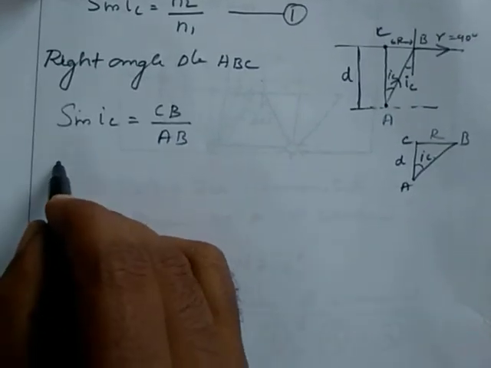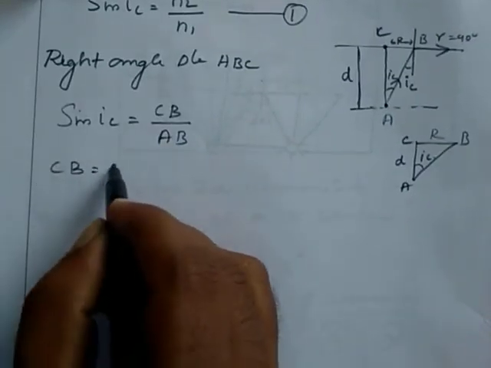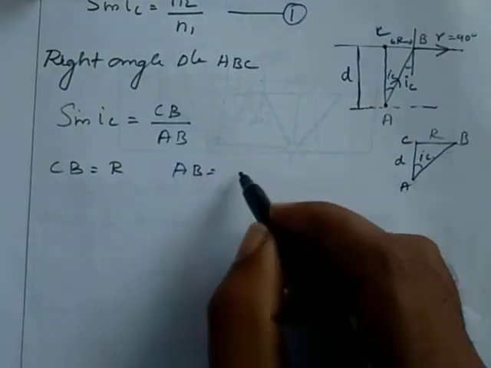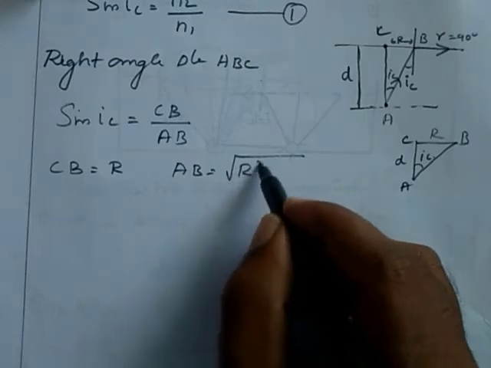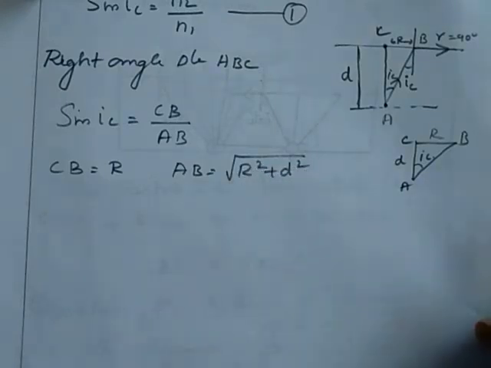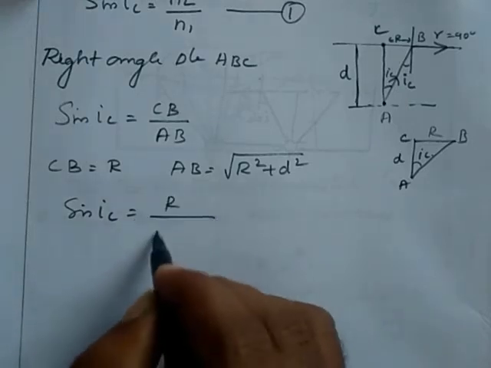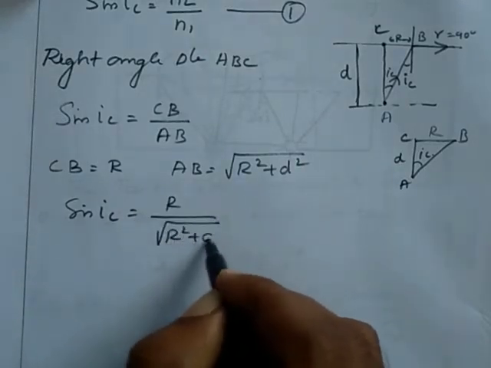So we can write CB is equal to R, then AB, using Pythagoras theorem, we can write root of R square plus D square. Then sin ic is equal to R by root of R square plus D square.